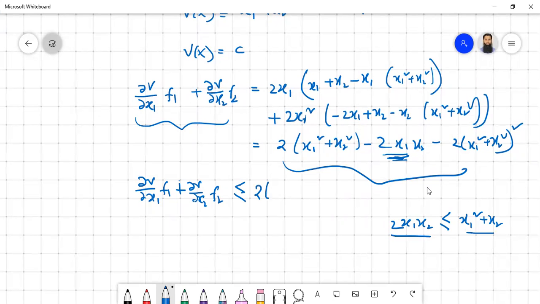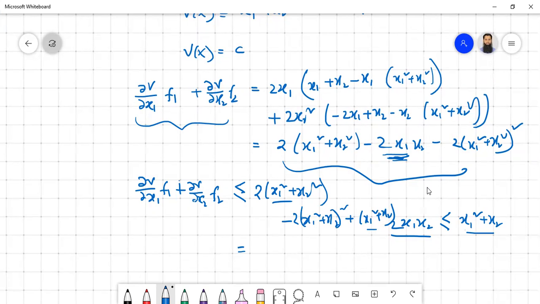So, 2 times x1 square plus x2 square minus x1 square plus x2 square, sorry, 2, whole square, then we have plus x1 square plus x2 square. This one can be slightly simplified, and what we'll have is them cancelling each other.